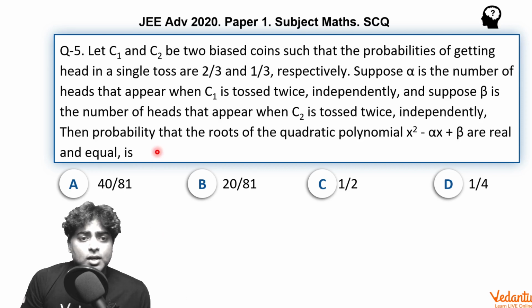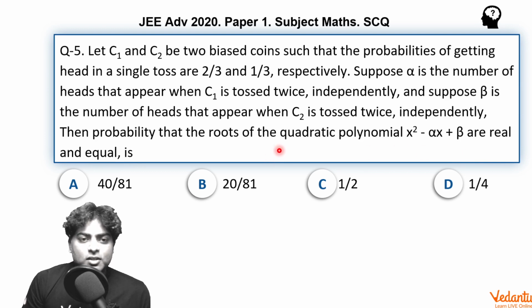The question requires the probability that the roots of the quadratic polynomial x square minus alpha x plus beta are real and equal. The coefficients are given in terms of alpha and beta. There is nothing to do with this quadratic except knowing that the roots of a quadratic are real and equal only when its discriminant is 0.